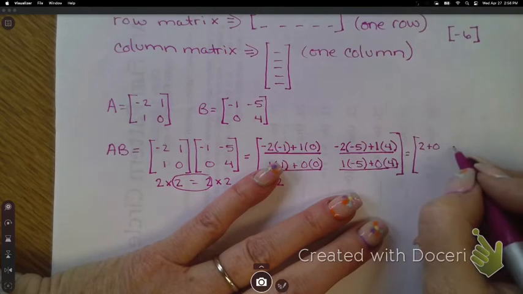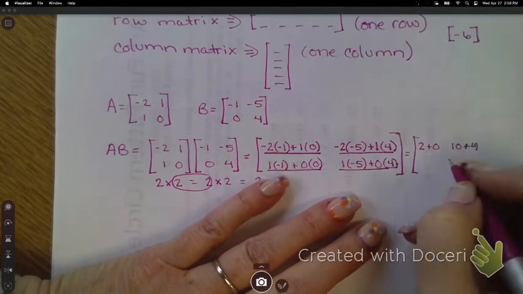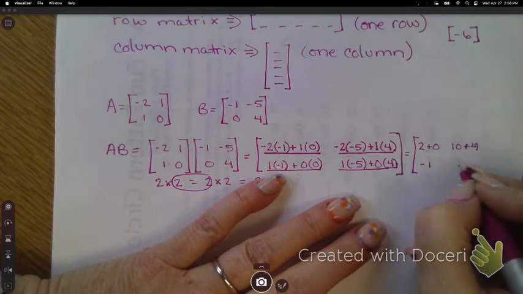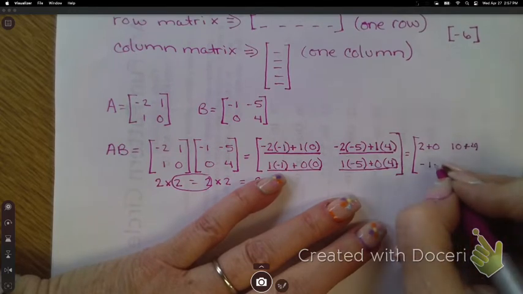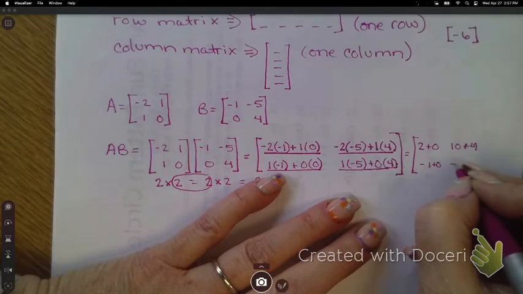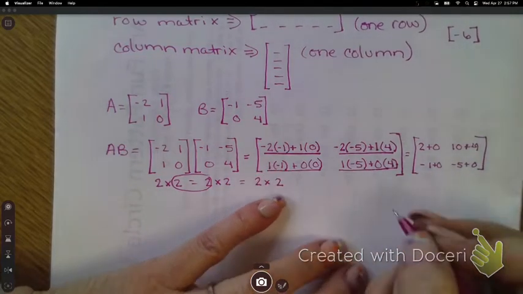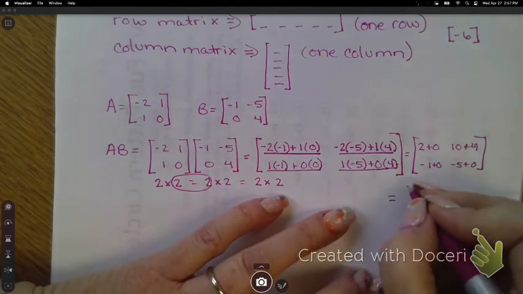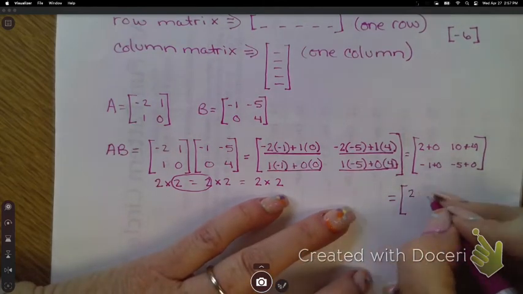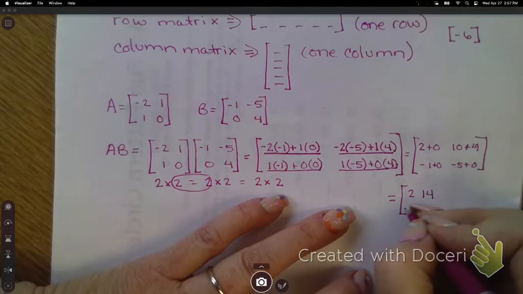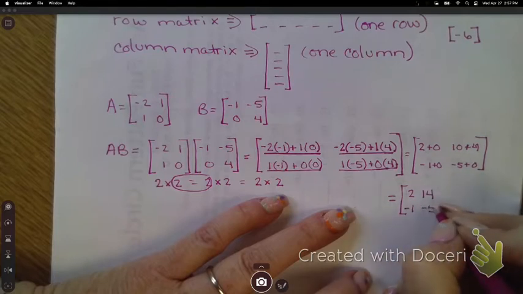Then 10 plus 4, negative 1, negative 1 plus 0, and negative 5 plus 0. So my answer is 2, 14, negative 1, negative 5.